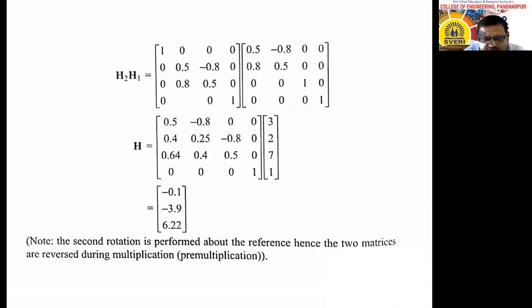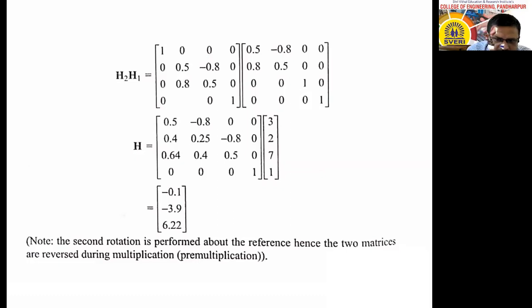Therefore, H2 into H1 is equal to, now we will multiply the matrices: 1, 0, 0, 0; 0, 0.866, minus 0.5, 0; 0, 0.5, 0.866, 0; 0, 0, 0, 1, then another matrix 0.5, minus 0.866, 0, 0; 0.866, 0.5, 0, 0; 0, 0, 1, 0; 0, 0, 0, 1.